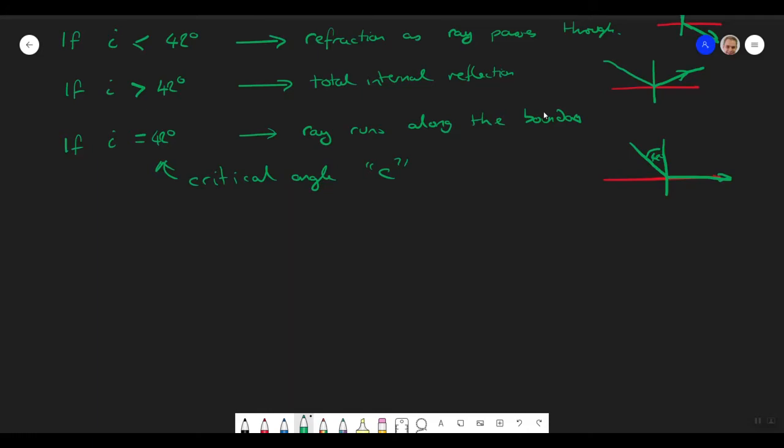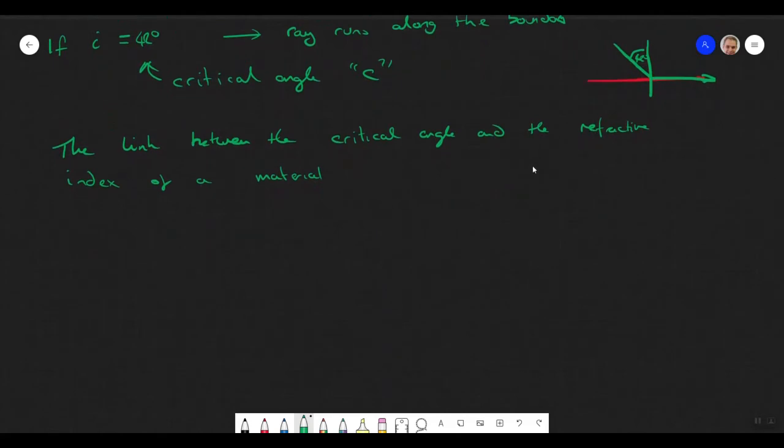So there is a link between the critical angle and the refractive index of a material, and we can just show that it's true.